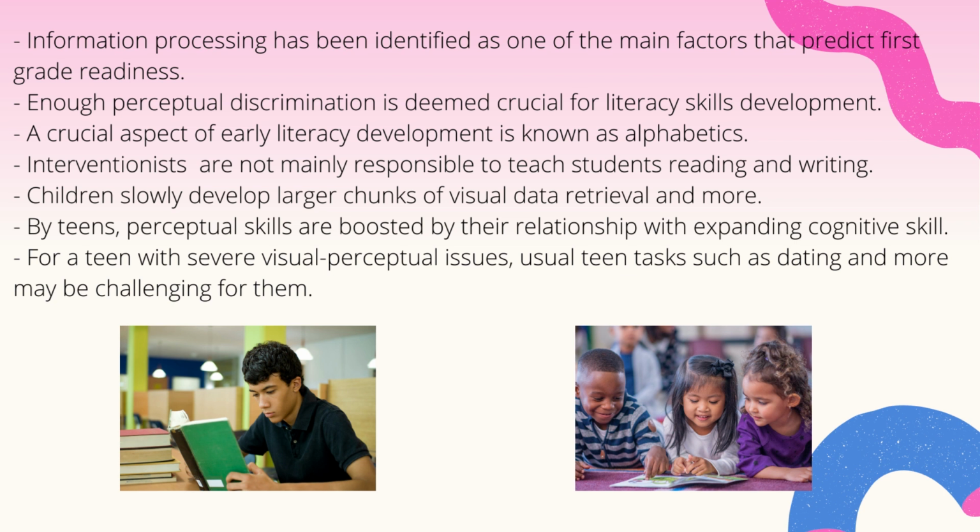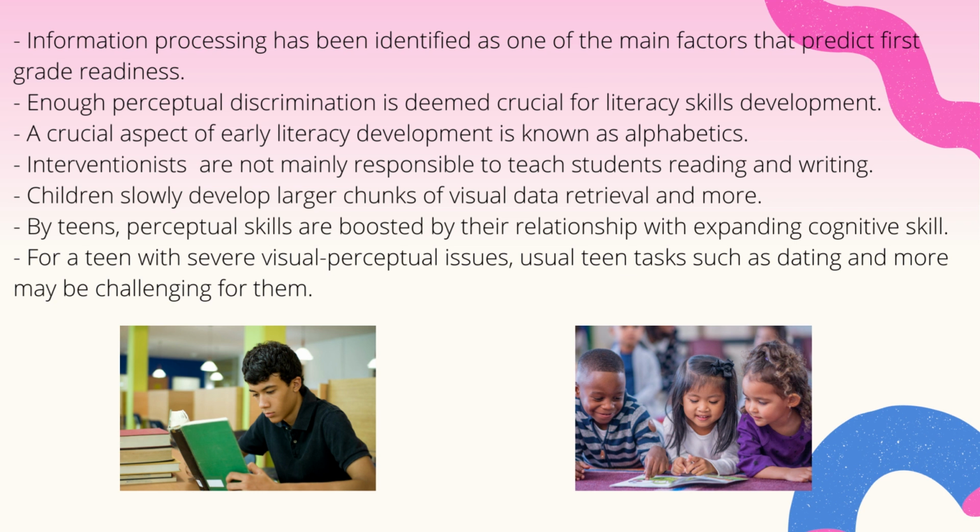A very important aspect of early literacy development is known as alphabetics, which includes phonemic and phonologic awareness. Interventionists are not mainly responsible for teaching students to read and write because they are not teachers, but they may address the many performance skills to support the student's literacy outcomes.